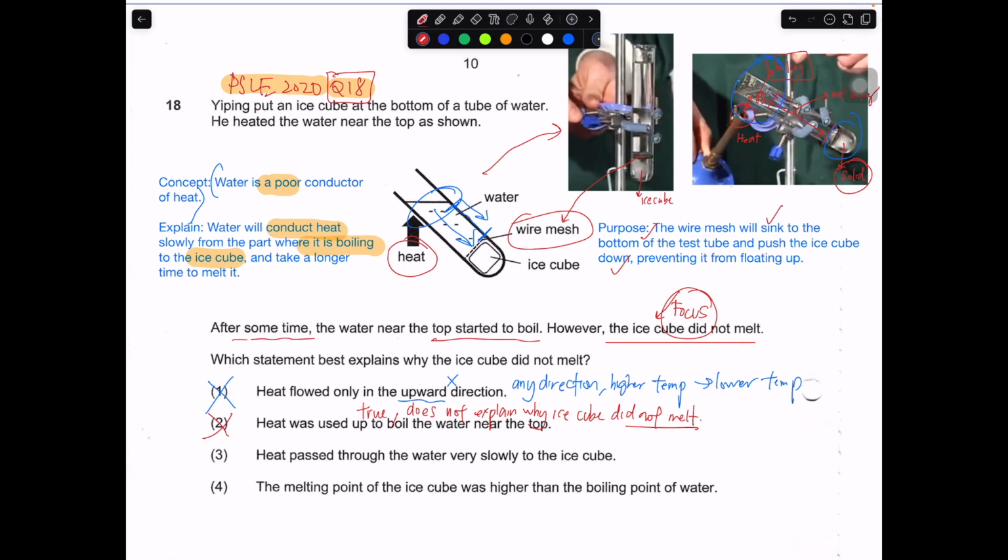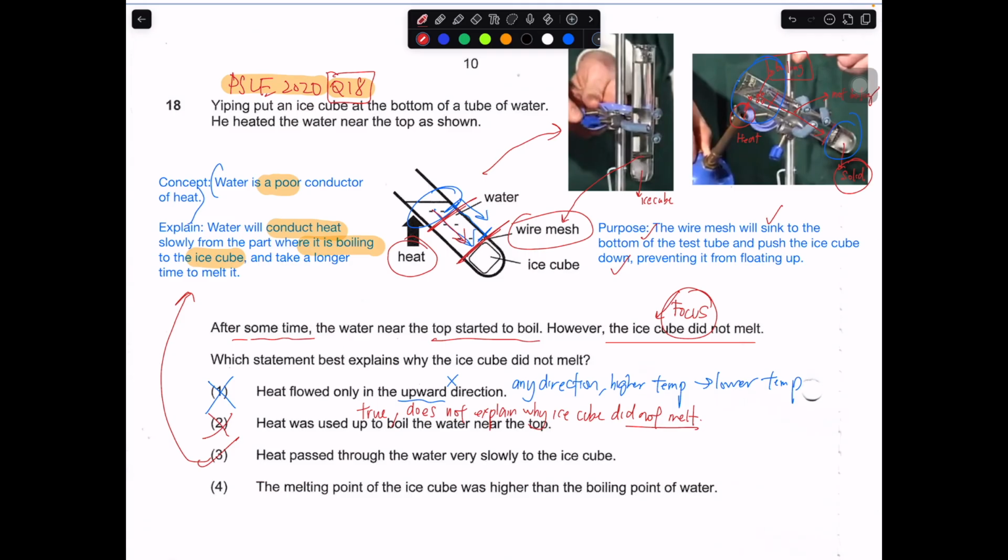Heat is indeed used to boil the water at the top. Option 3: heat passes through the water very slowly to the ice cube. Yes, indeed, this is correct, because the water is indeed a poor conductor of heat. So the heat is conducted very slowly to the ice cube. Therefore, the ice cube did not melt.